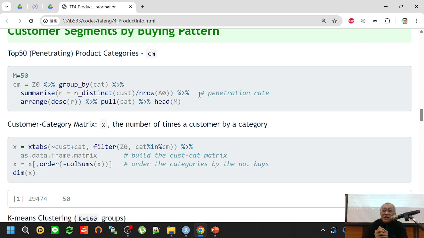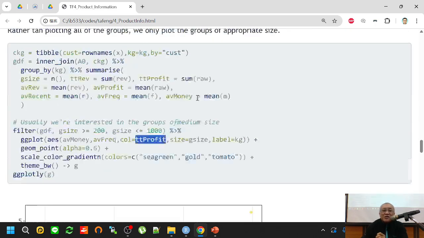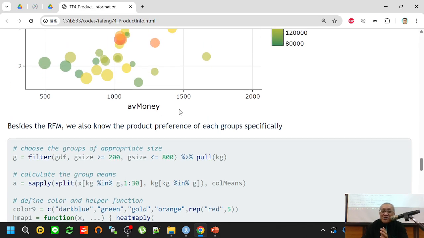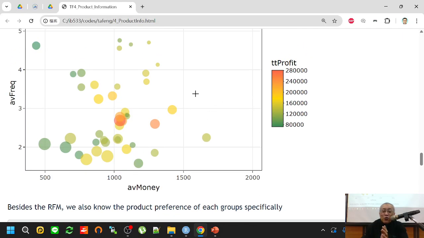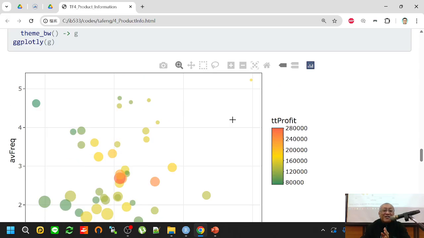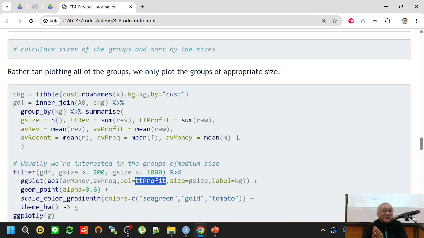Not only do we want to select the frequent buyer and the large amount buyer, we also want to know that within this group, which type of product they prefer to buy. So in this way, we combine the product and customer data, right?